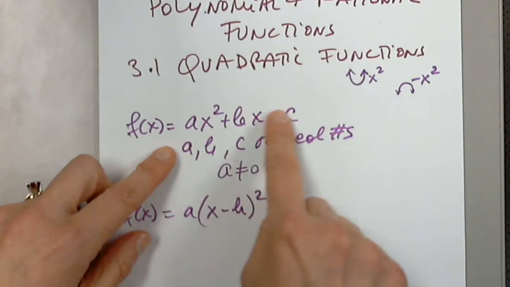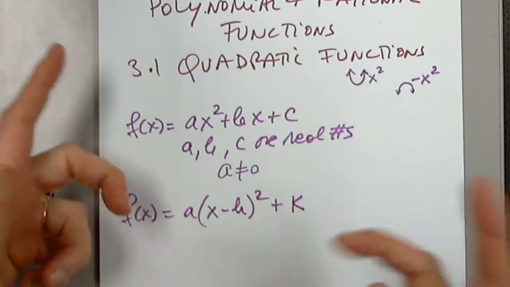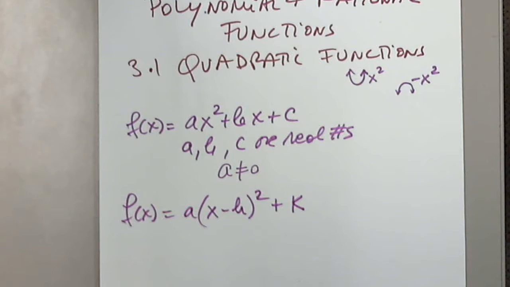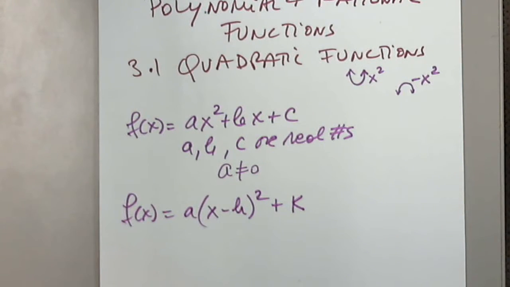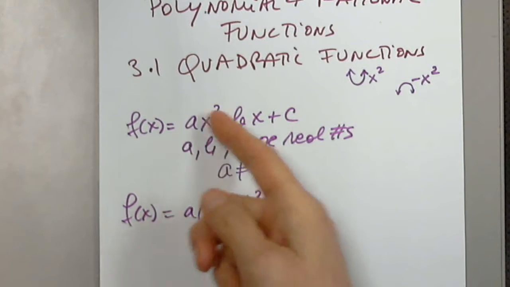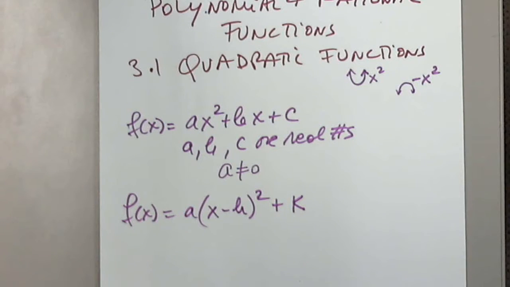I look at this and I look at this, and I say to myself, ah, I know how this was obtained from here. How? By doing what? We just used it a minute ago. What did we do to this to get this shape?